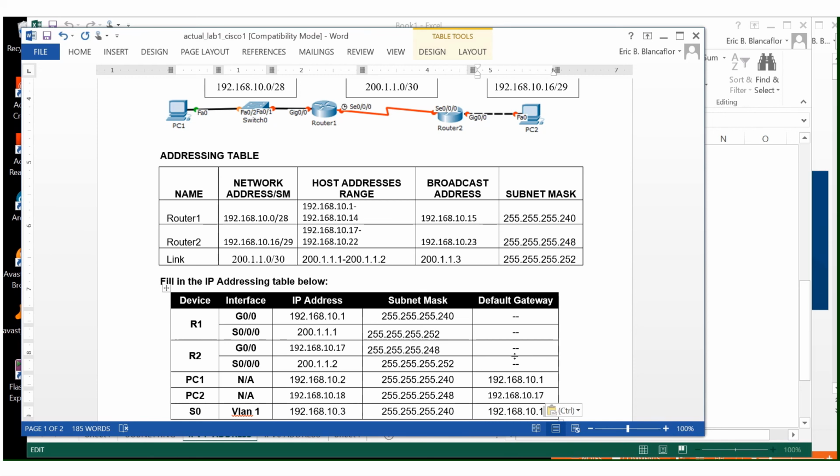Once you're through with step 1, then you play the video again, and you work on step 2. Example, on this part, I've done assigning R1, right? This is the first one that I have assigned. Pause it first, and work on R1. Pause the video, then work on this. Answer it. You try that.